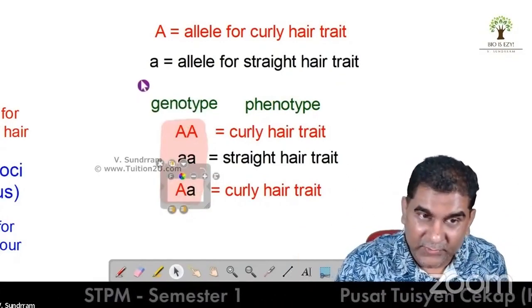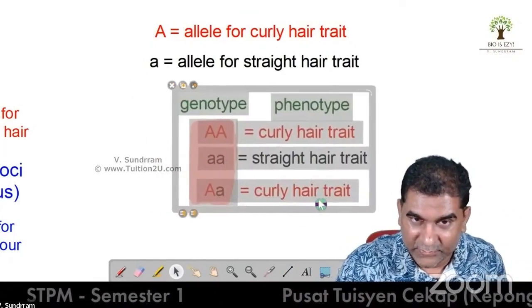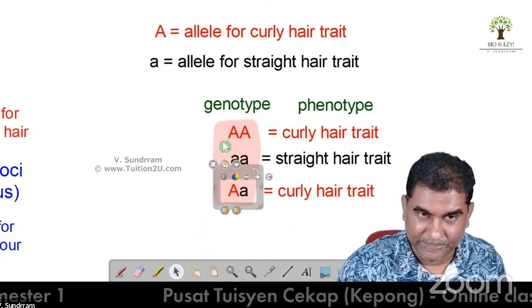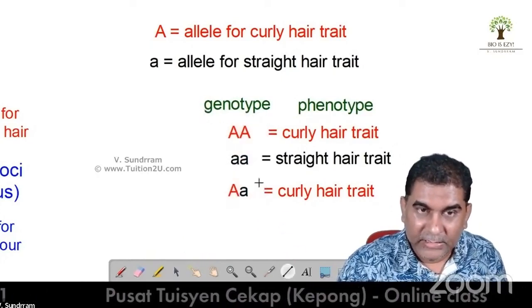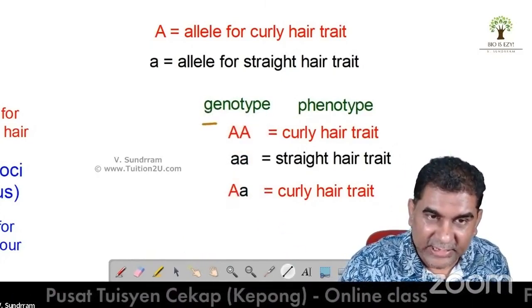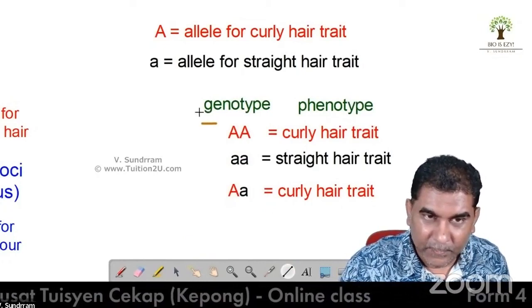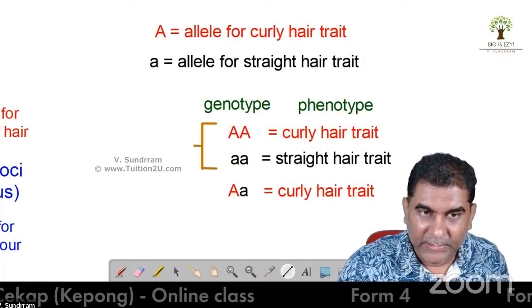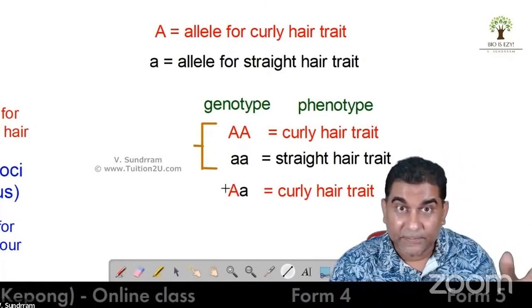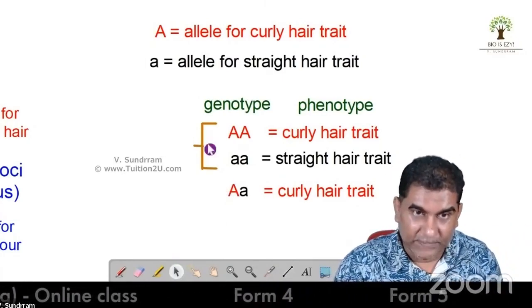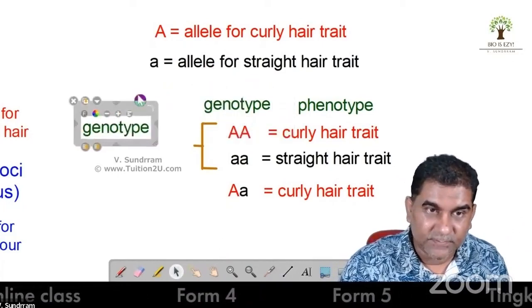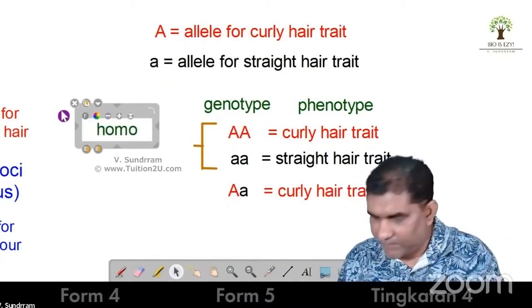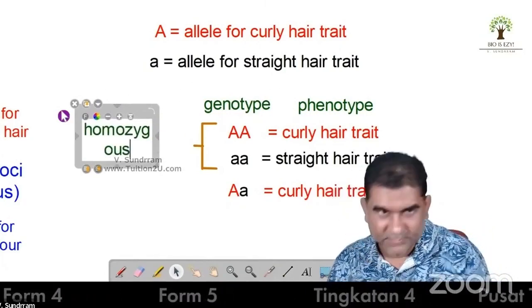Now, if the alleles are the same, if both alleles are the same, capital A same, small a same, you call this homo. Homo means same, homozygous.